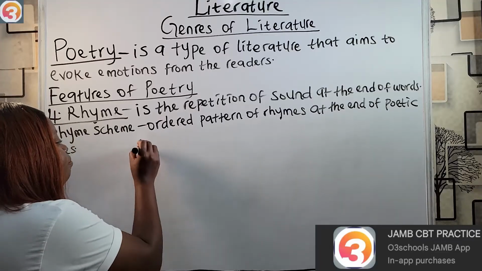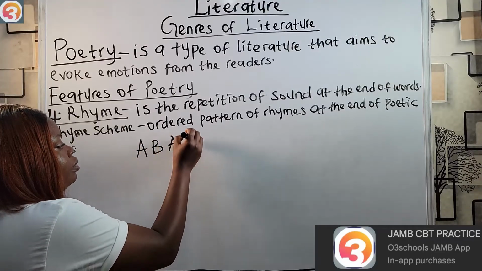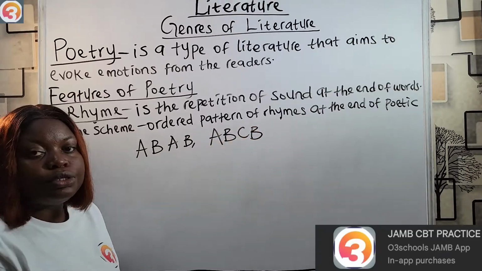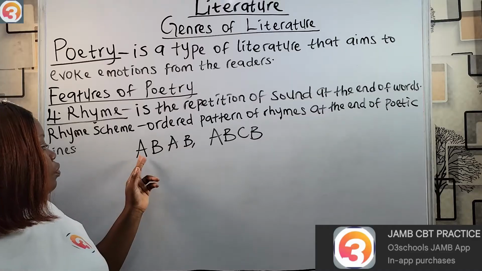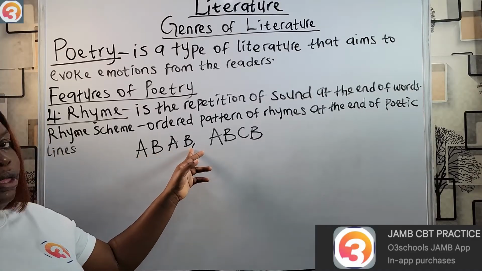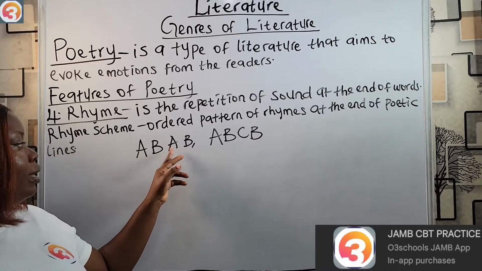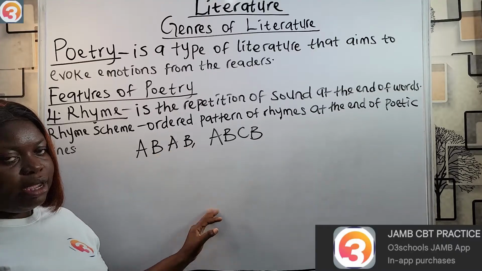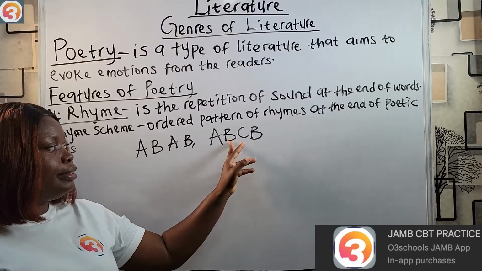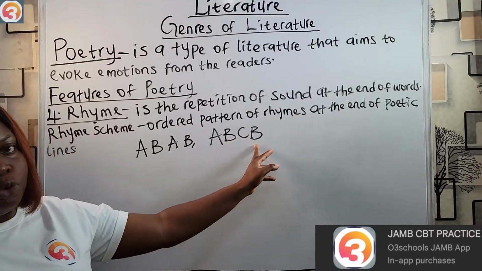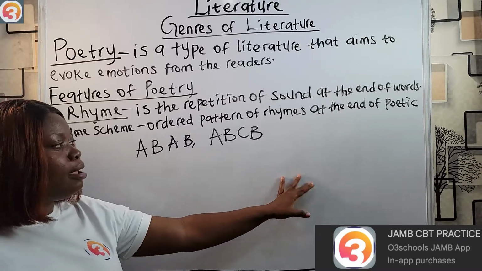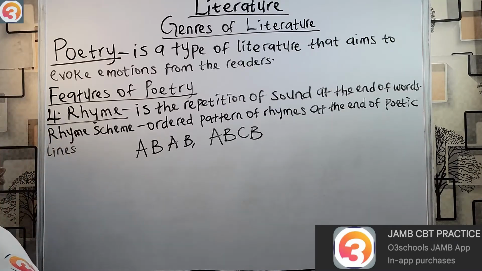You can have ABAB, ABCB, depending on the choice of the poet. So for ABAB, it means line 1 and line 3 rhyme, and line 2 and line 4 rhyme. For ABCB, we mean line 2 and line 4 contain rhymes. So there are many rhyme schemes at the disposal of poets. Next, we have enjambment.